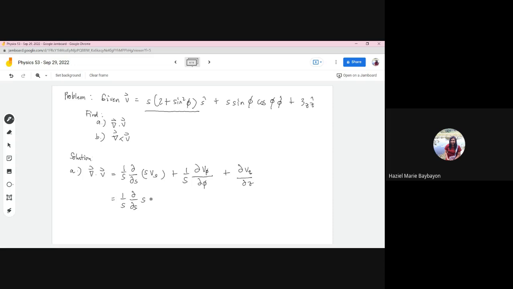So you have s multiplied by 2 plus sine squared phi, plus 1 over s multiplied by the partial derivative of this one. So you have s sine phi cosine phi.